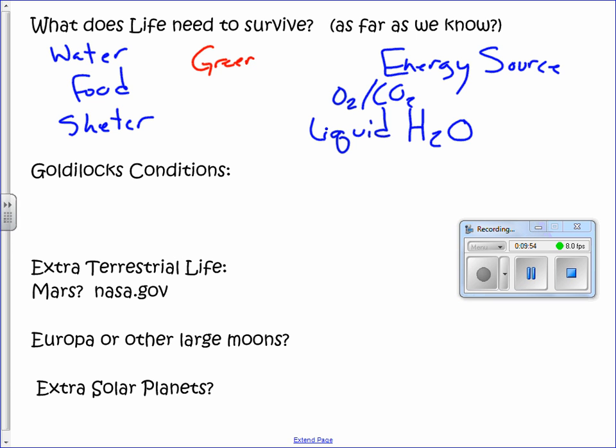And the other thing it does is it traps the heat with the greenhouse effect. A lot of times we think of the greenhouse effect as being a bad thing, but with no greenhouse effect, remember, the moon or the planet Mercury get extremely hot and extremely cold. And as far as we know, life can't live under those conditions.